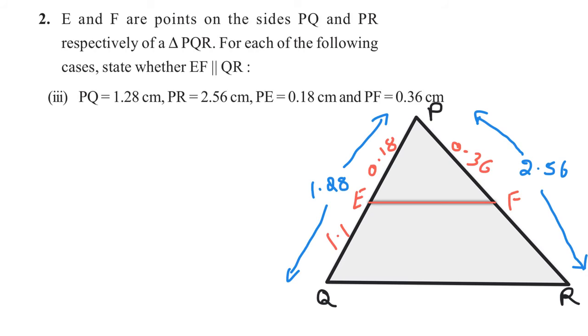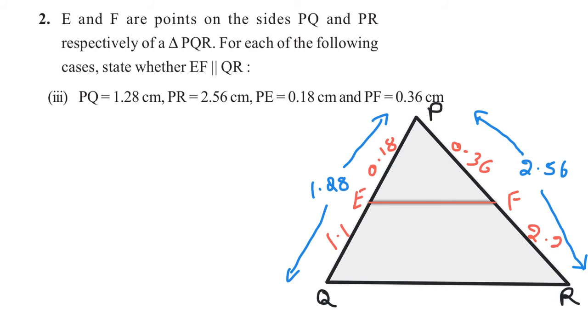Similarly, how can we find FR? We know the whole length PR is 2.56, and PF is 0.36. So 2.56 minus 0.36 gives us 2.2.